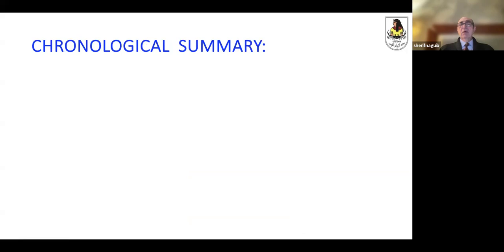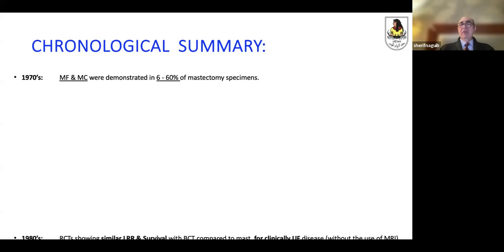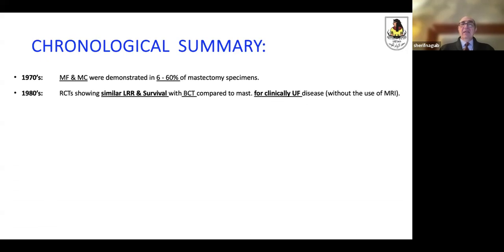Now, I will give you a rapid summary of the chronological advances that led to breast conservation for multifocal multicentric disease. In the 1970s, it was found that multicentricity and multifocality were a part of mastectomy specimens in up to 60% of the time. In the 80s, they found that locoregional recurrence and survival were the same for unifocal disease when they compared breast conservation to mastectomy.